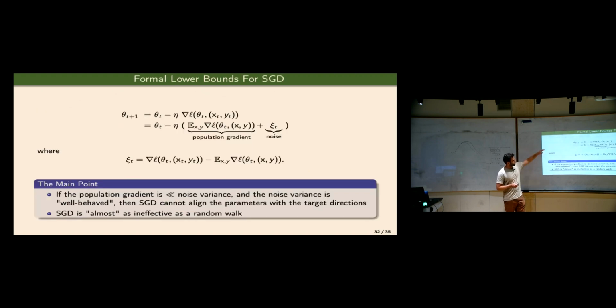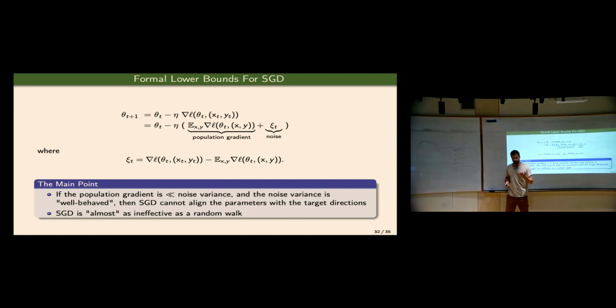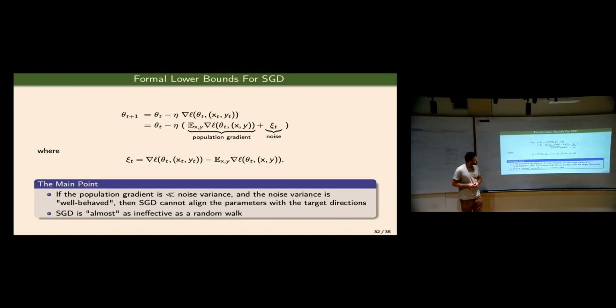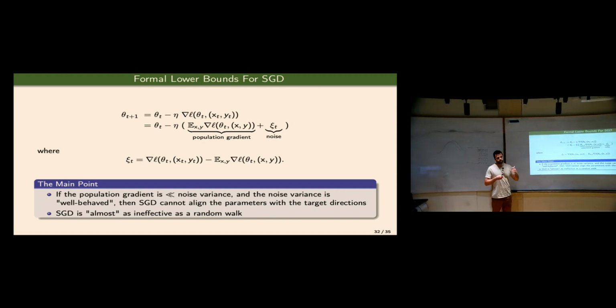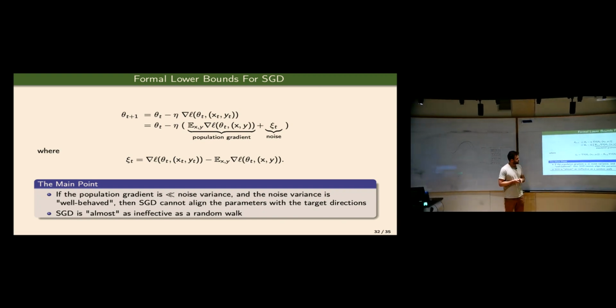So if we go back to our original decomposition, we said we want to look at SGD through the population gradient and the noise. So what did we actually show? Let's say the population gradient is typically very, very small, and the noise is reasonably well behaved in the manner that I just told you.